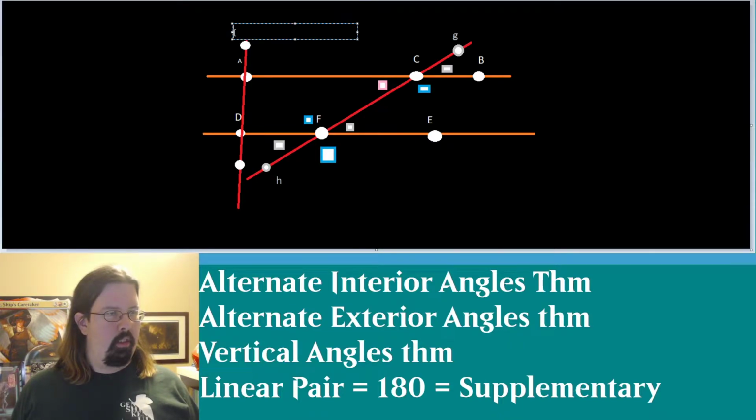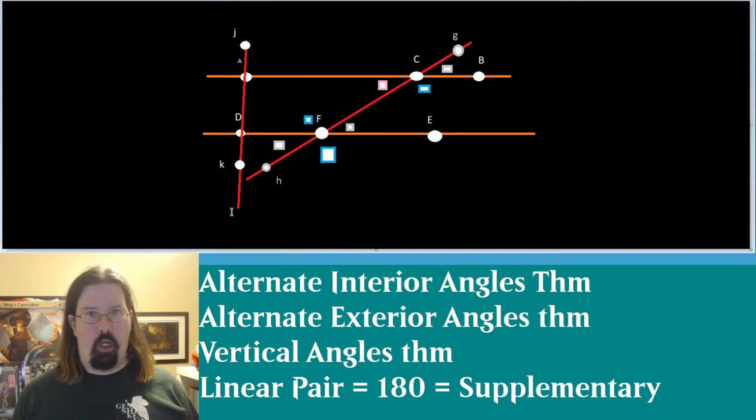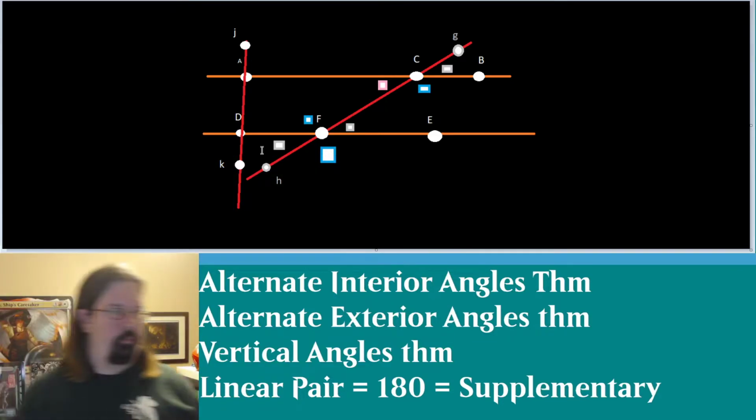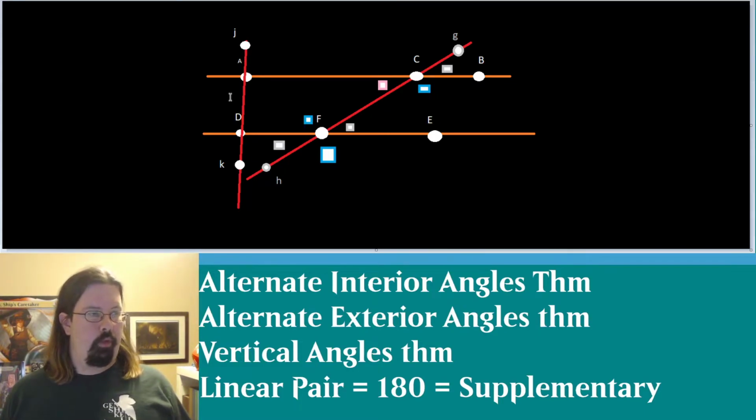HG. I don't want to use I. We'll use J up here, and we'll use K down here. Awesome. So let's say I've got this new line over here, JK.